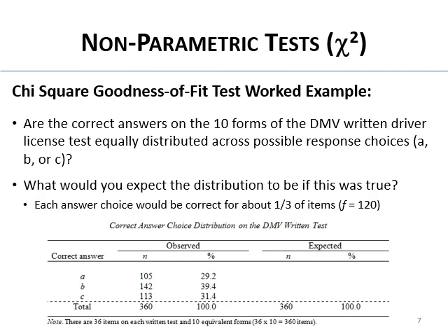So the expectation would be that about a third of the items would be in each category of correct, right? So about 120 A, 120 B, and 120 C would be the correct answer if you truly randomly assigned them, and each category was equally likely to be the correct answer.